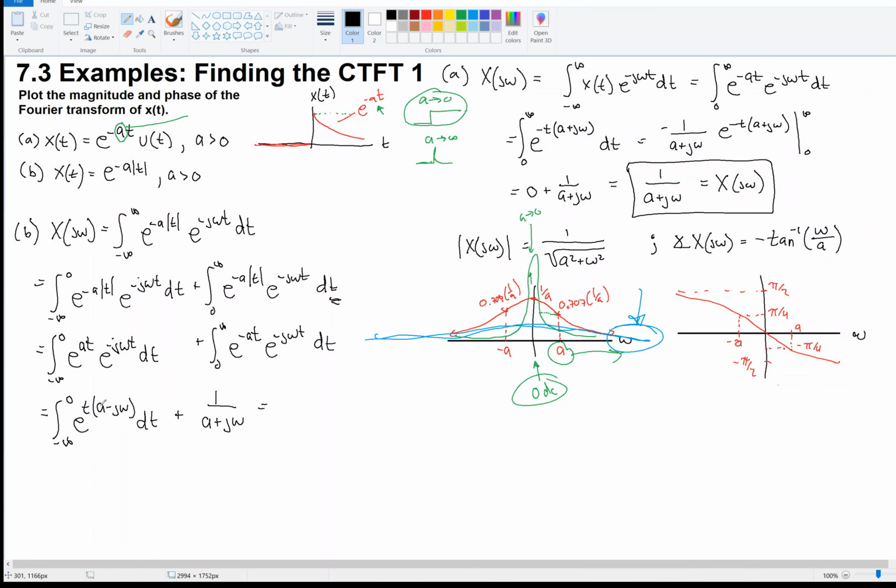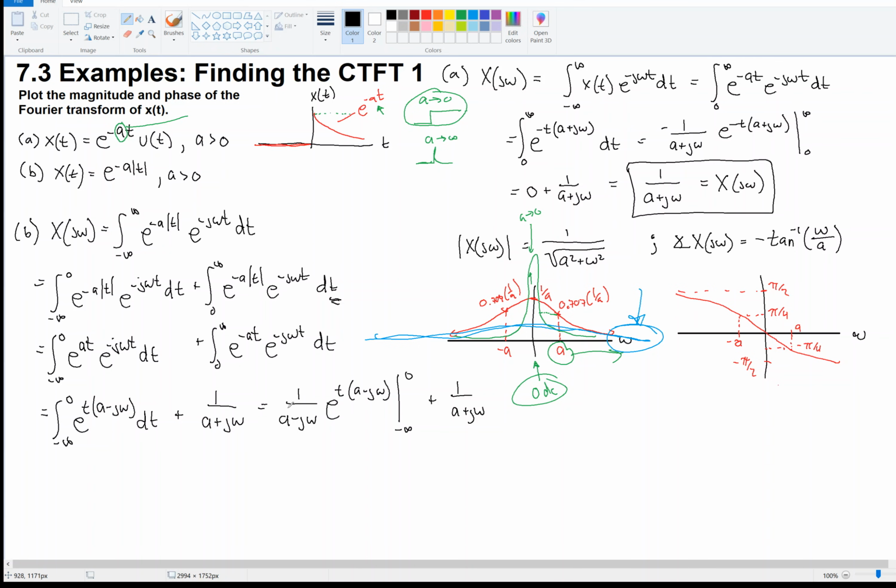Okay, so let's do the first piece now. Let's integrate that guy. So I need a 1 over a minus j omega there, e to the t times a minus j omega, integrated from minus infinity to 0. Again, sanity check: let me take the derivative, see if I get back the integrand. From the chain rule, I multiply by a minus j omega.